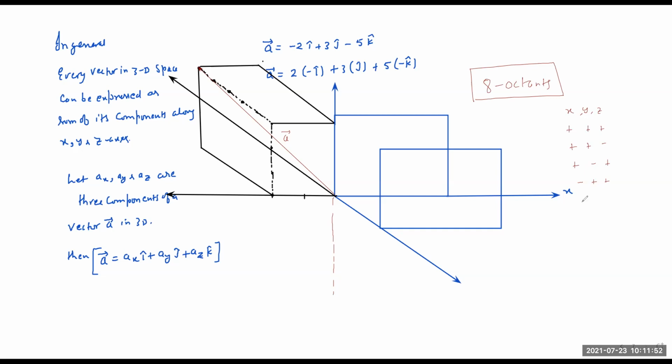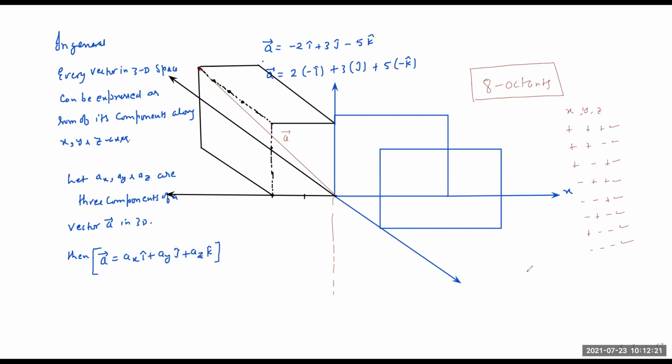Then we have minus minus, then we can take 2 minus: minus minus plus, minus plus minus, plus minus minus. And then we can take all minus: minus minus minus. Count how many: 1, 2, 3, 4, 5, 6, 7, 8. So we have 8 octants. What does it mean? All three positive, x and y positive with z negative, and so on.